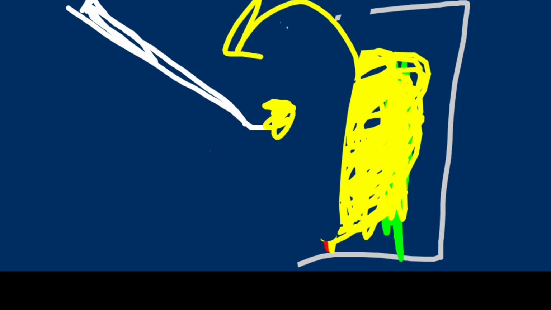Then we load this liner on the instrument for carrying it toward the cavity, and we place this loaded liner on the deepest area of the pulpal floor.